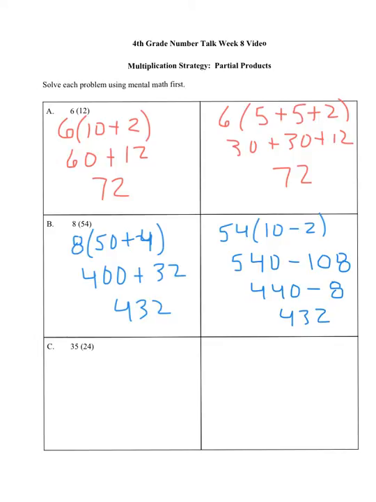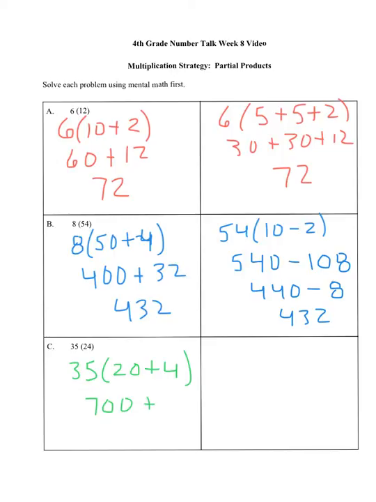We look at 35 times 24. We could say the 24 is the same as 20 plus 4. So if I double 35, that's 70. So 35 times 20 must be 700.